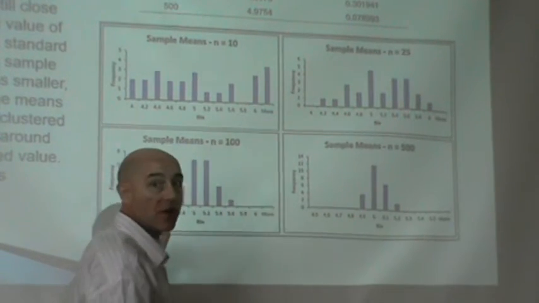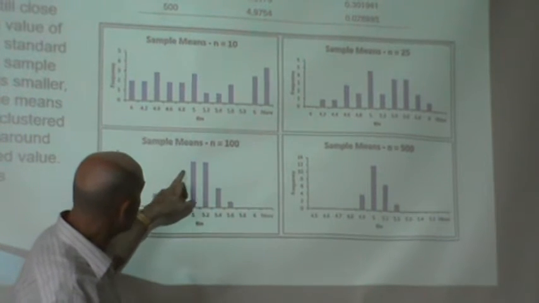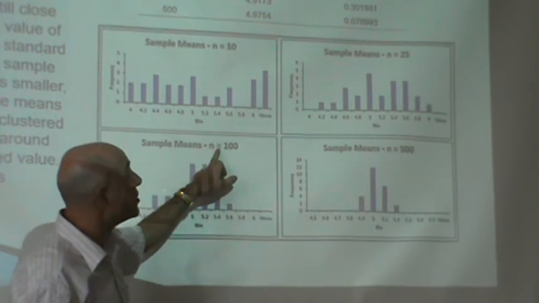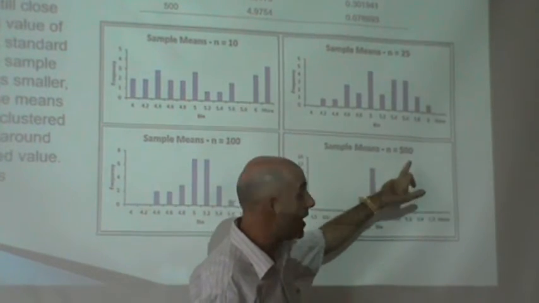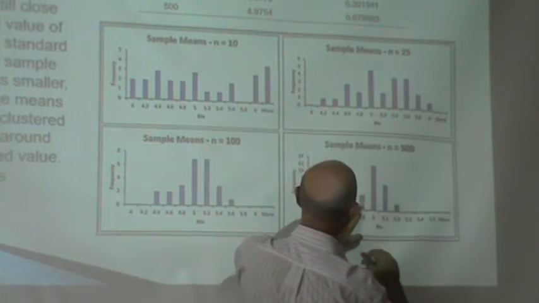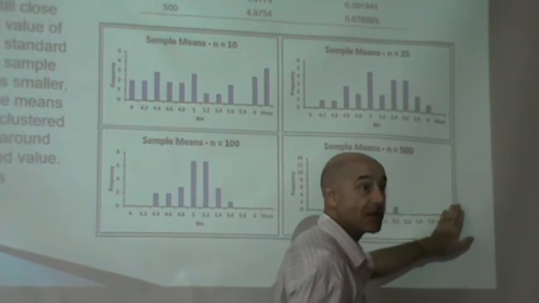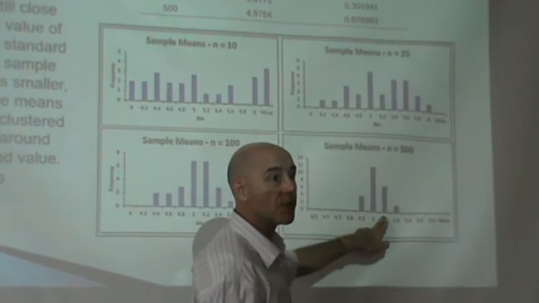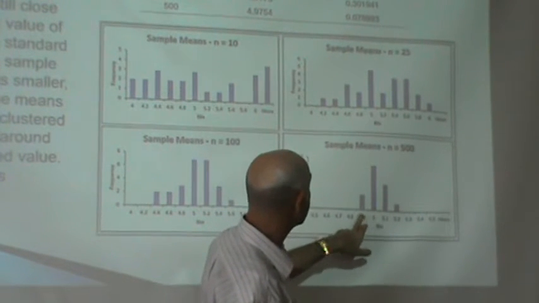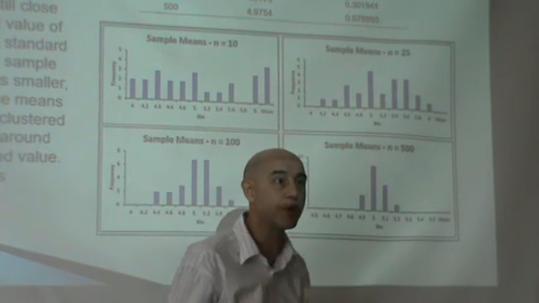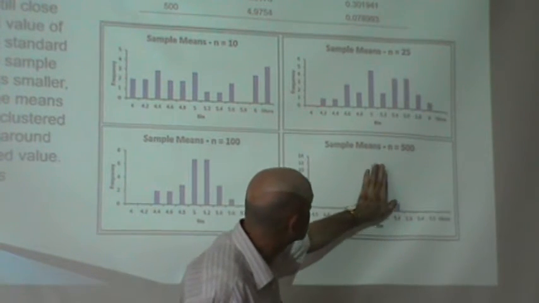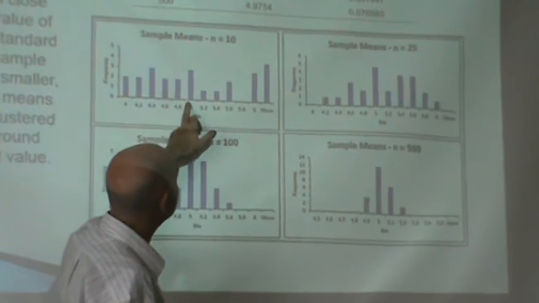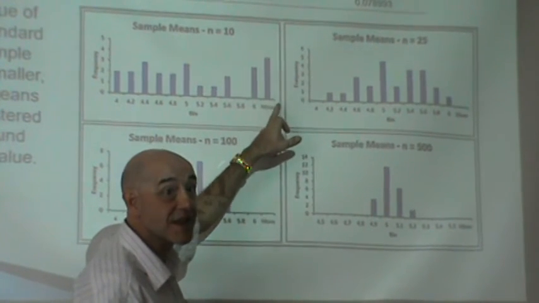Here the bell shape gets a lot nicer at 100. When you increase the sample size to 500, you see all of these are disappearing, and you get close to the true number. So here you get 5, and then you get 4.9 and 5.1. So the average is just about 5. Here it could be 4.4, you have some 5, you have some 6, you have more than 6.